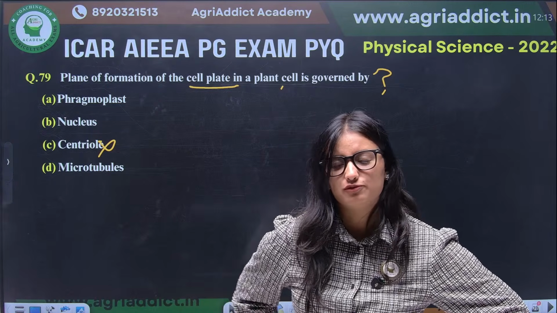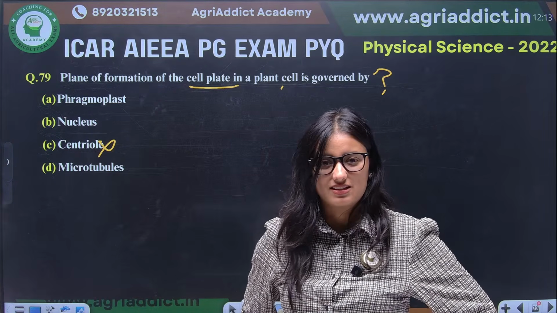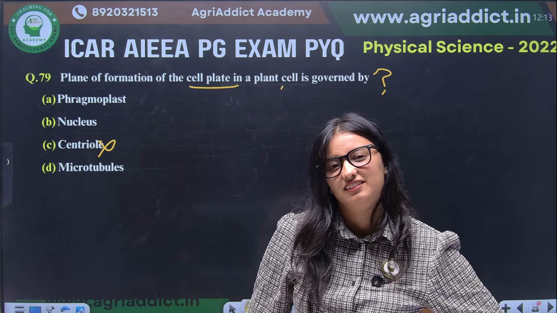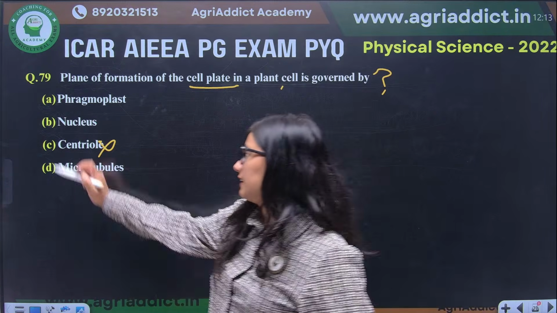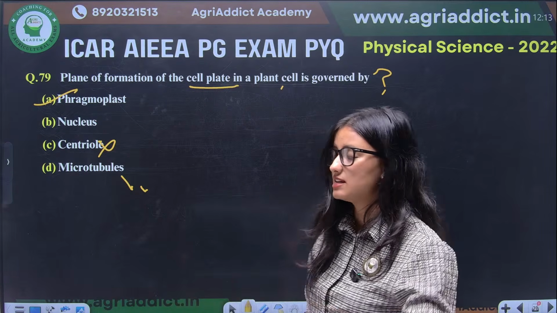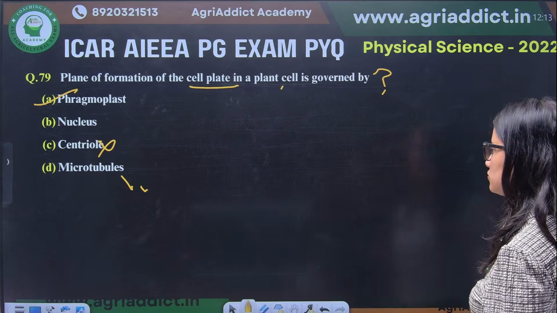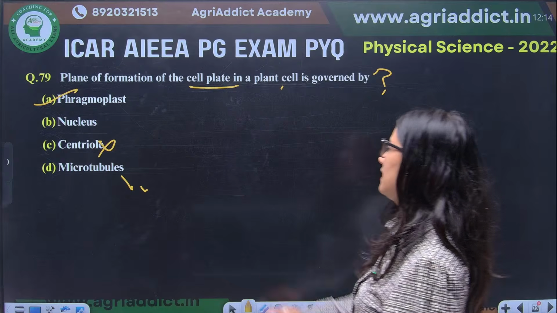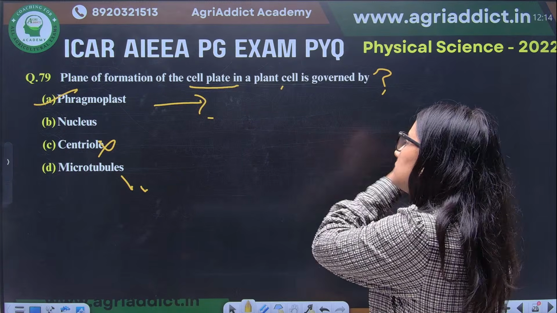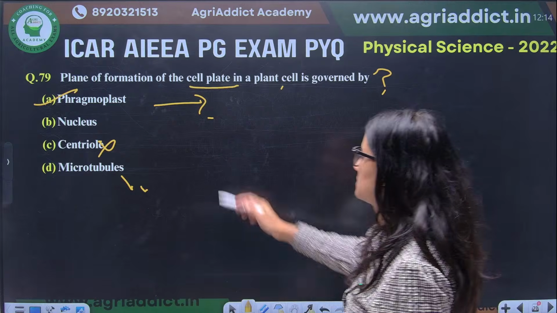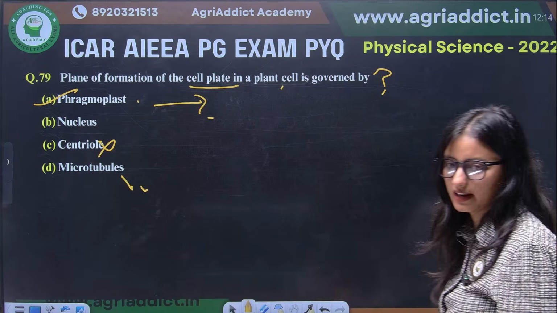Don't do this. If one is answering C, everyone will answer C. Correct answer is phragmoplast. Very good. A is the correct answer. Phragmoplast जो है सही इसका आंसर है. What it is doing? Plane of formation. Yes, phragmoplast is correct answer. This is direct one.